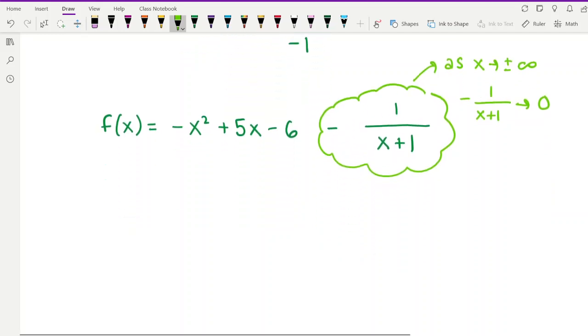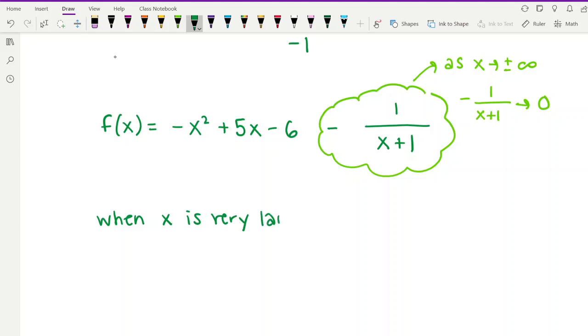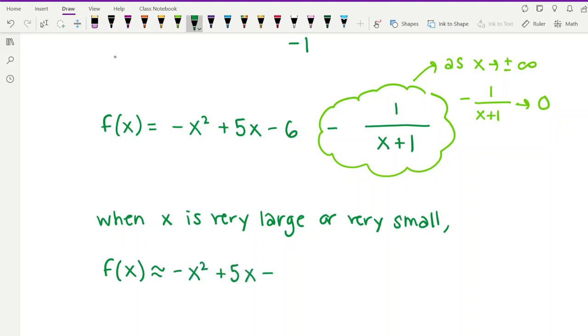So you're going to be left with this function, when x is very large or very small, being approximately equal to negative x squared plus 5x minus 6.